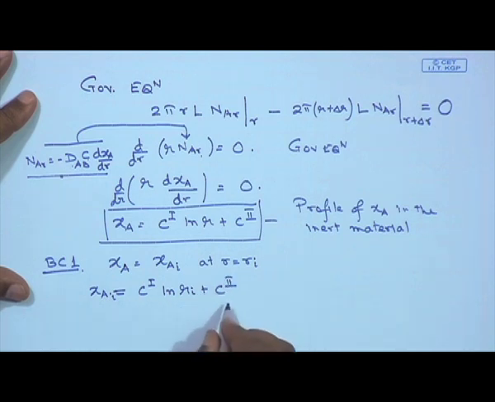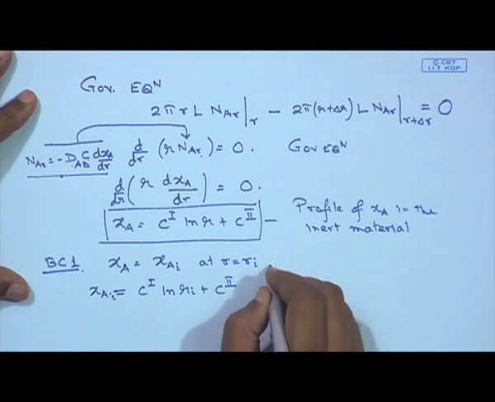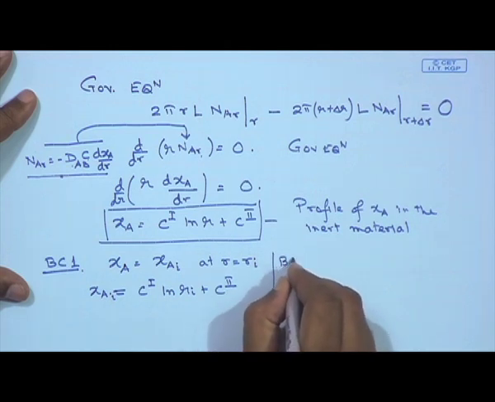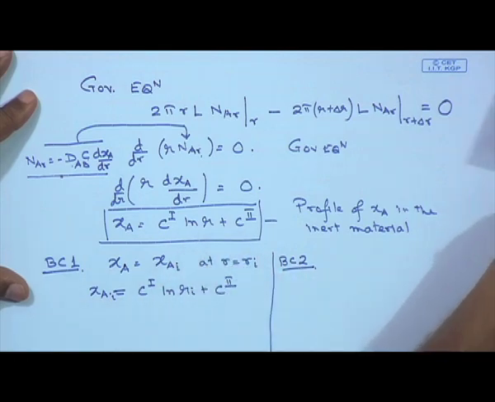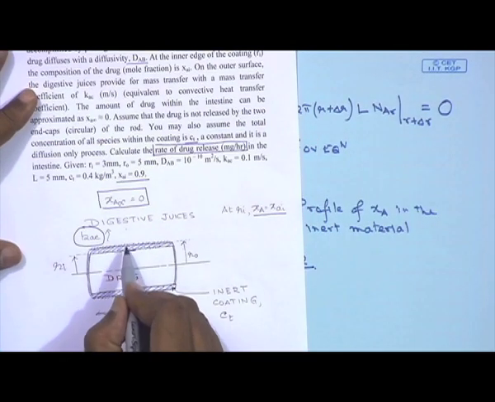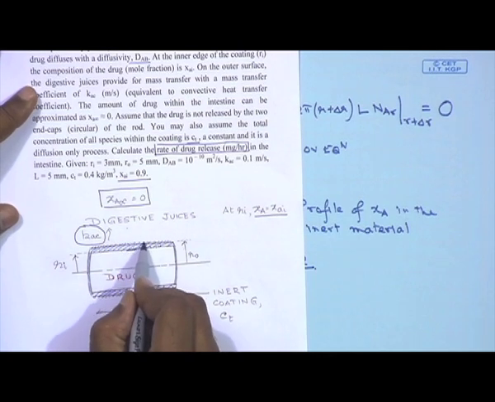So, this is going to be my relation 1, and the second boundary condition, boundary condition 2, will be on the outer surface of the coating.